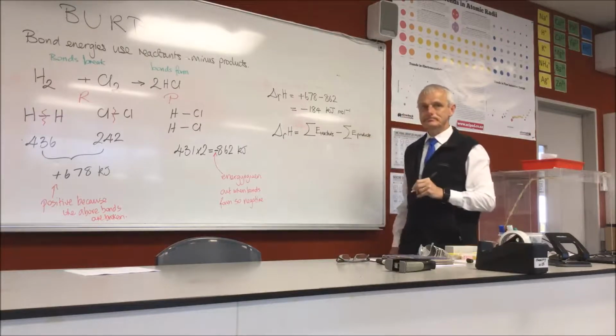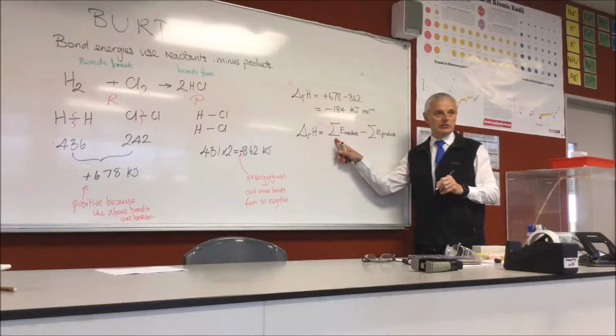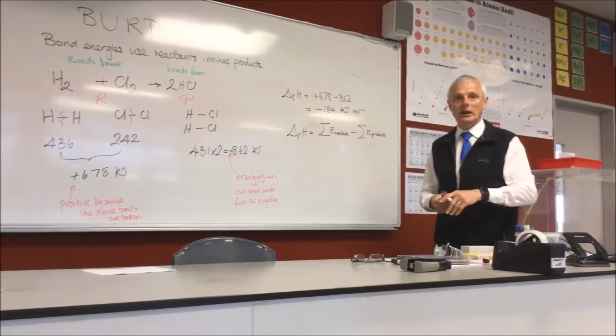So yes, this is a Greek sigma, capital Greek sigma, and it's used in maths a lot, in physics and in chemistry. It's a standard symbol, which means you're summing up things, so you're adding them up.